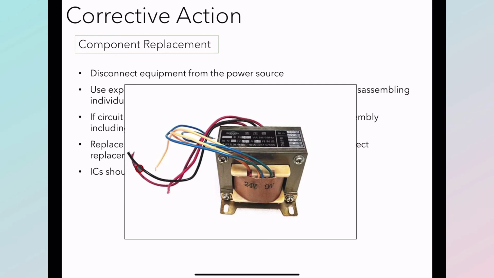So the safe way is, when we disconnect these, we should label and tag the leads on the circuit with the terminal numbers which were on the power transformer, so that when we reconnect, we know which wire should be connected to which cable or which lead on the circuit.